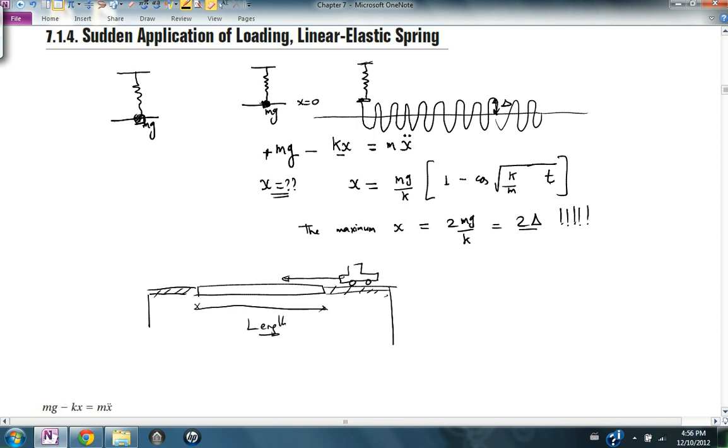Because if the bridge is short, then the dynamic effect of the cars is higher, because the time for the car to reach the middle of the bridge is really fast, so it's almost equivalent to saying that the weight all of a sudden appears on the middle of the bridge.